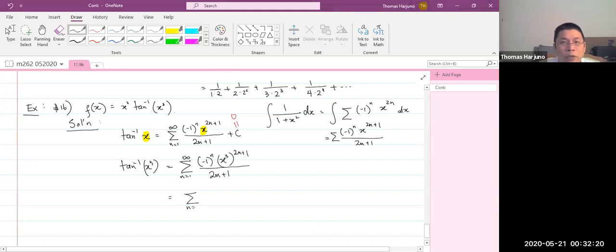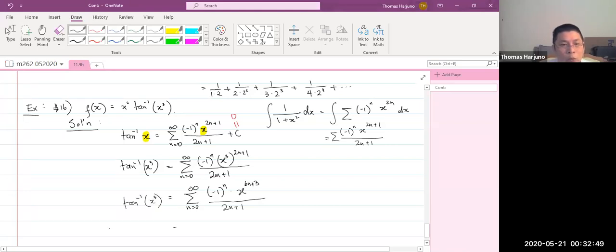It should be from 0 here. So (-1)^n times x^(6n+3) over 2n+1. That's tangent inverse of x cubed.